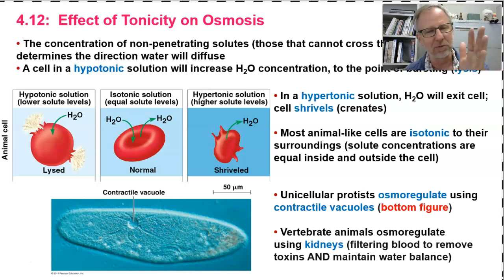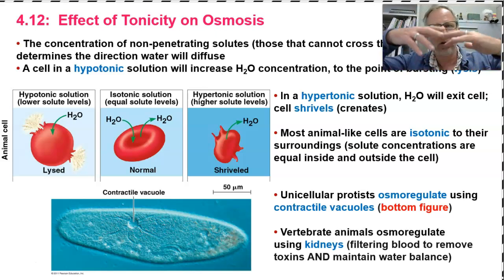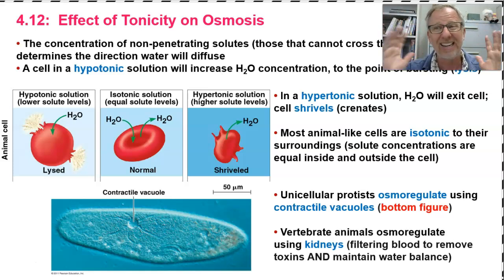And in this case, this figure is showing red blood cells, like in your body. And if a red blood cell is placed in a hypotonic solution, the water will move into the cell and the cell will blow up like a balloon and explode and experience what's called lysis. It'll split open. What happens if a red blood cell or any animal cell is put in a hypertonic solution?